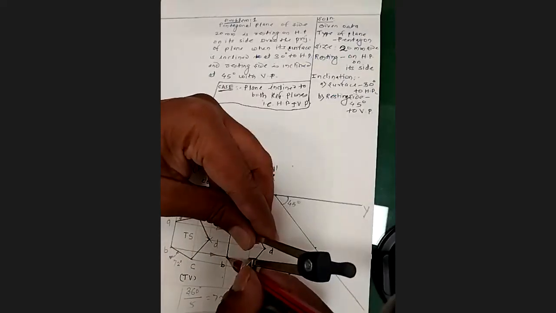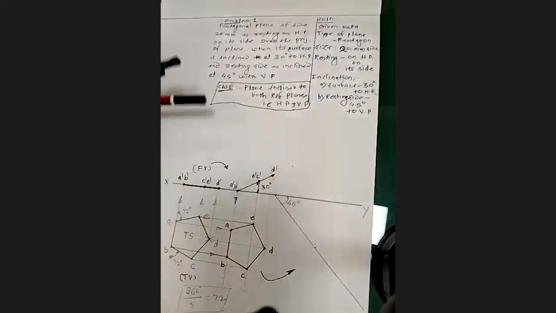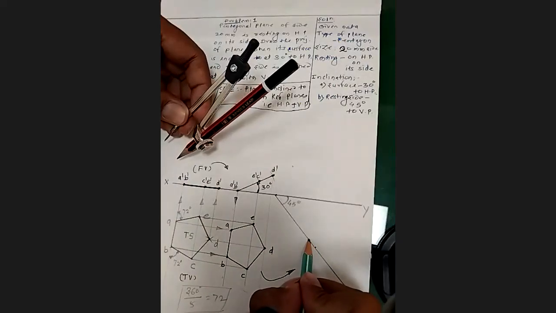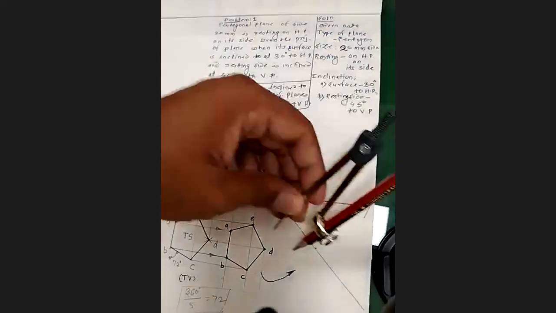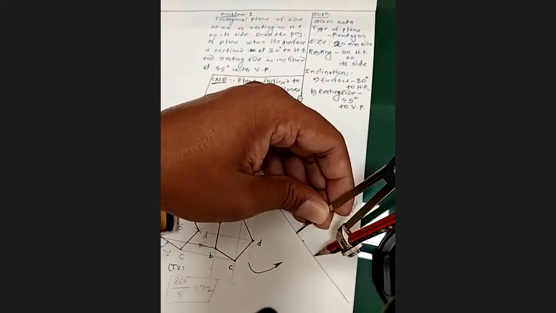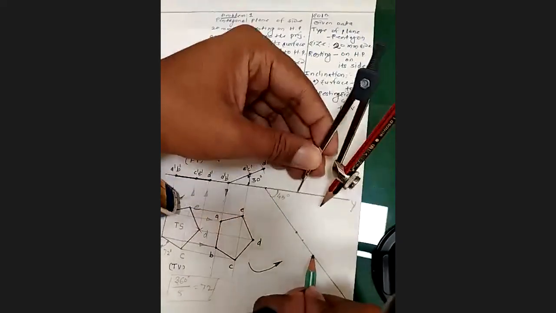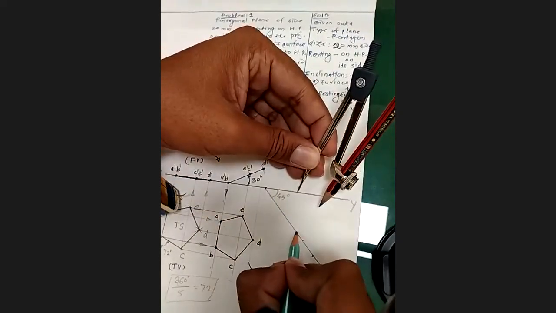So what you have to do here: whatever the length AB, take this length, take any one point here, making sure that it will not touch any of the lines. I will take this length and mark the point.